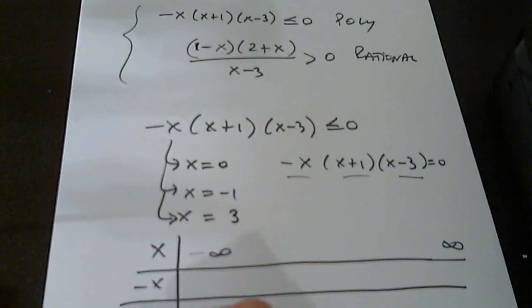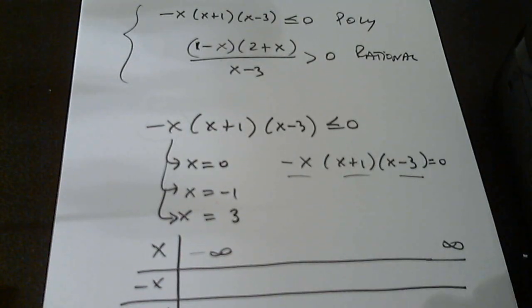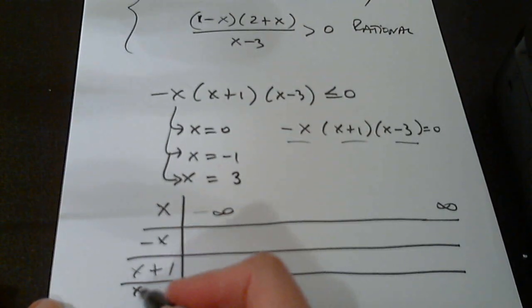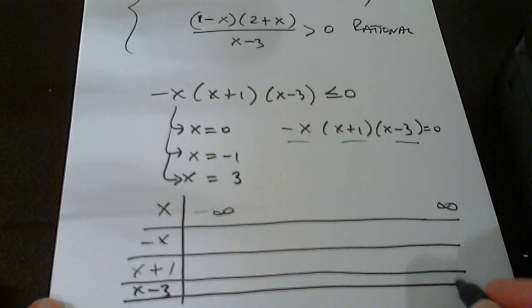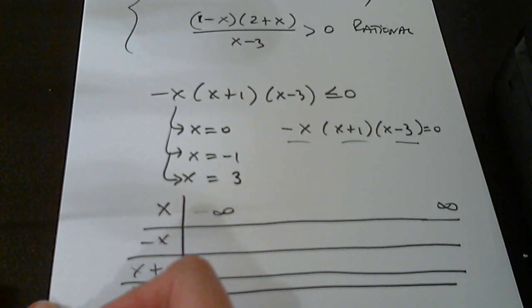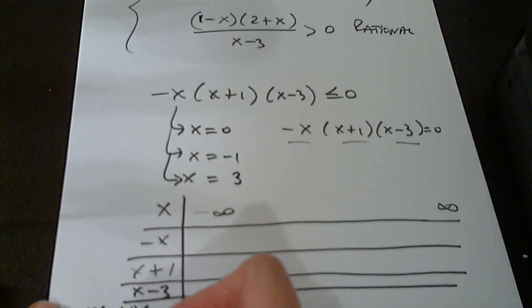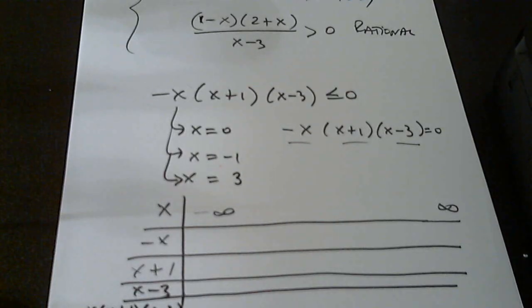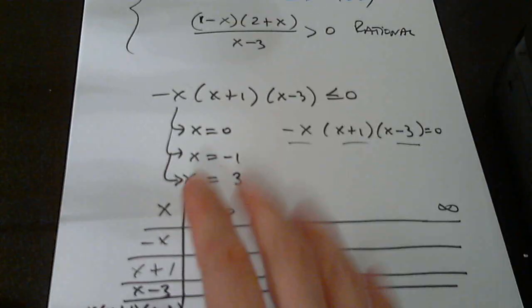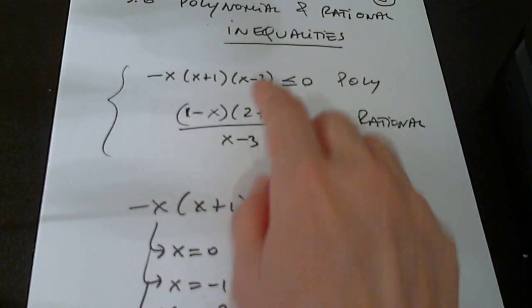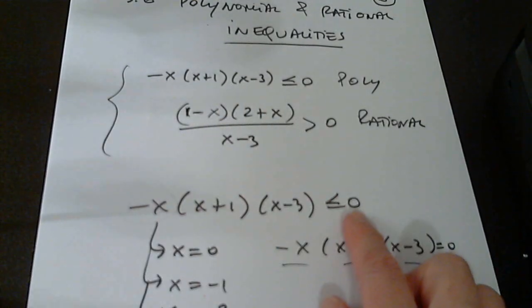The next row is the next factor. The next row, of course, is the next factor. And finally, negative x, x plus 1, x minus 3. The whole thing. Because this is really what I need. I need the whole thing and then see when it's less than 0.